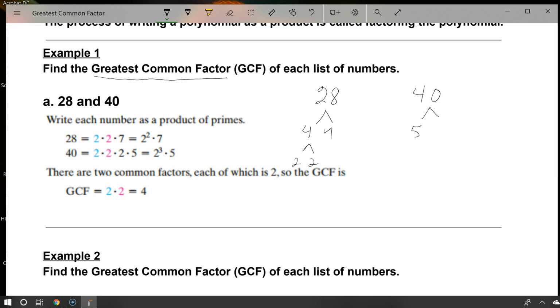For 40, we have 5 times 8. 8 is the same thing as 2 times 4, and 4 is the same thing as 2 times 2.